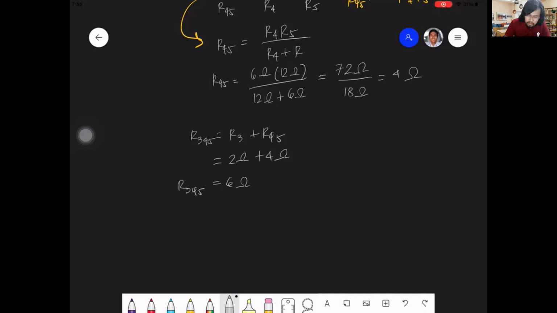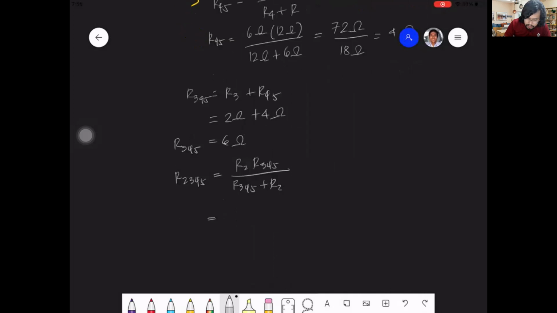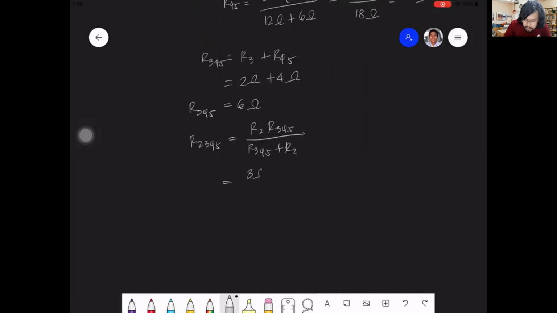Now for R2345, same as the first solution that we did, it's R2 times R345 over R345 plus R2. When values are plugged in, we get 3 ohms times 6 ohms over 6 ohms plus 3 ohms.